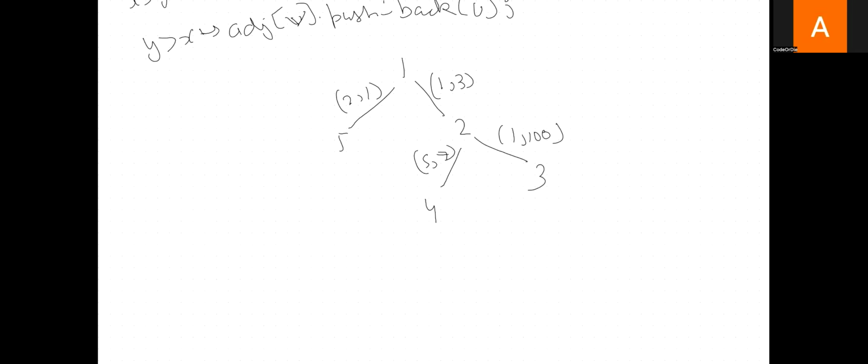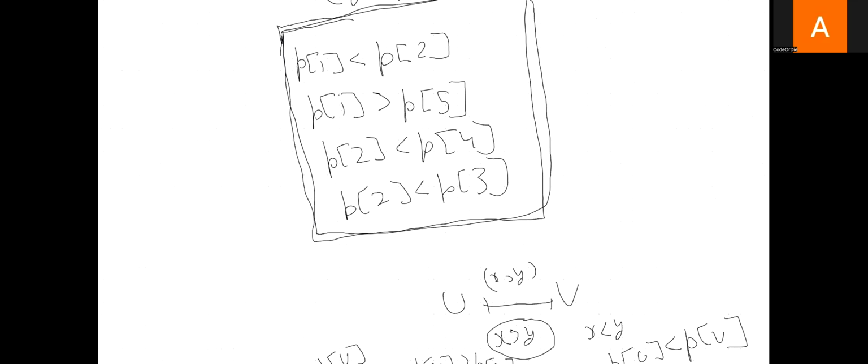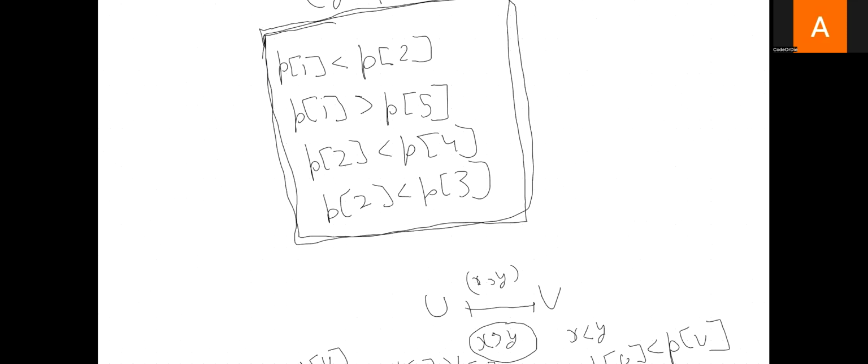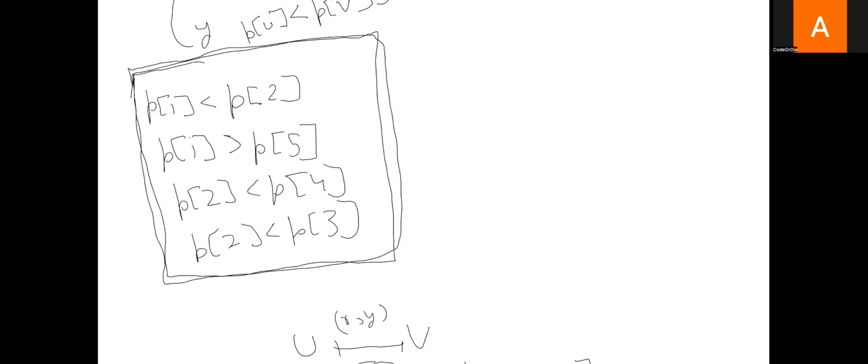Now here I want X because X is greater. So I will just do adjacency of 1 dot pushback 5 because I want this permutation to be greater. I want P1 greater than P5. So let's see from here only. I want P1 greater than P5, so 1, 5.